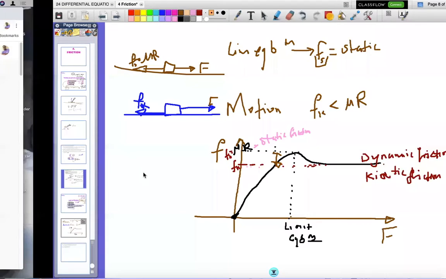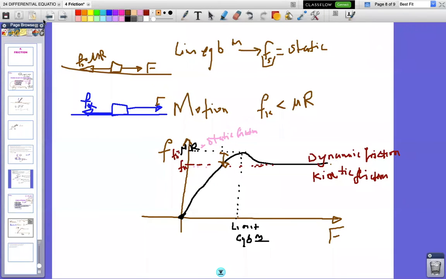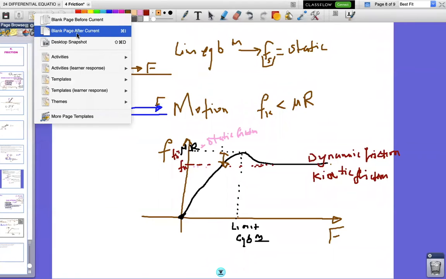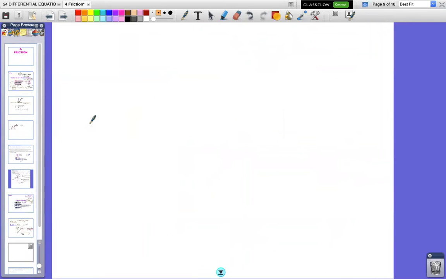So what the second paragraph there is going to explain to you is that when this object starts to move, the exact points that are in contact with this other object will be changing as it is moving.